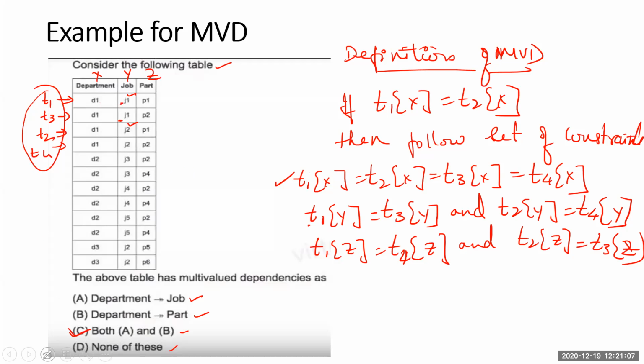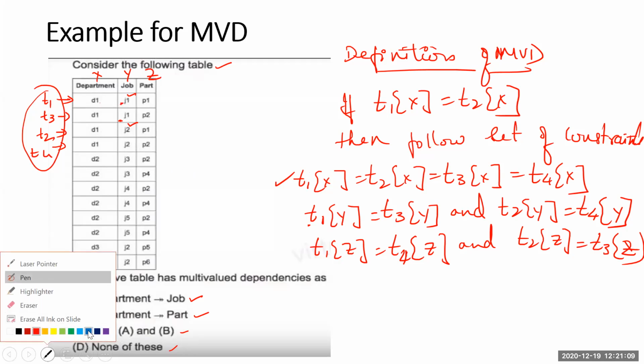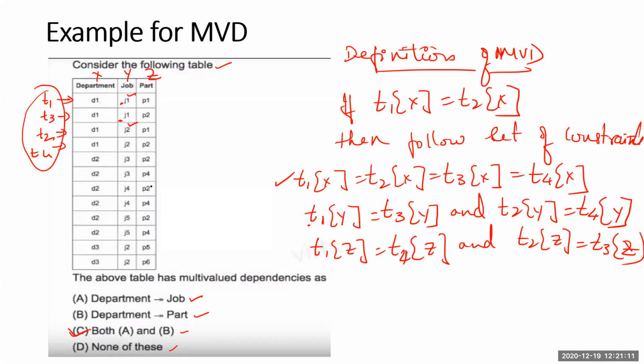Now let's check. T1 of Y is equal to T3 of Y. Yes, correct. T2 of Y is equal to T4 of Y. Correct. Now I have rearranged my tuples in such a way that my second condition is true.